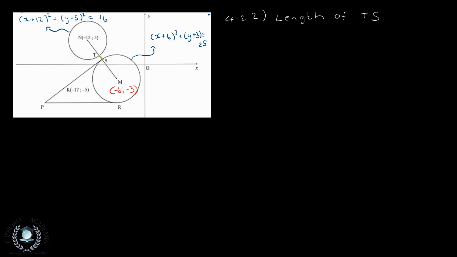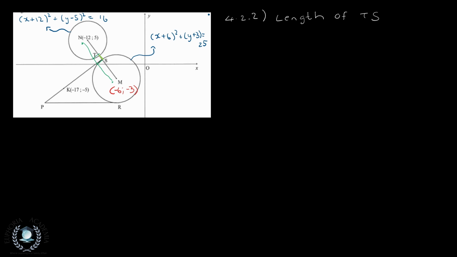What we're going to do is find the length of NM, so the distance between the two circle centers, from N all the way up until M. Then we're going to subtract the two radii, and we're going to be left with that gap right there. So let us do it.